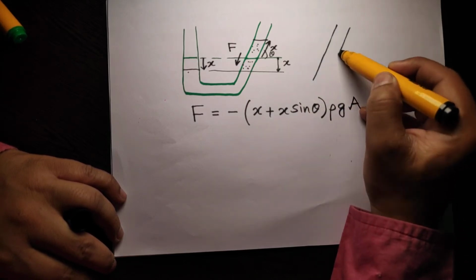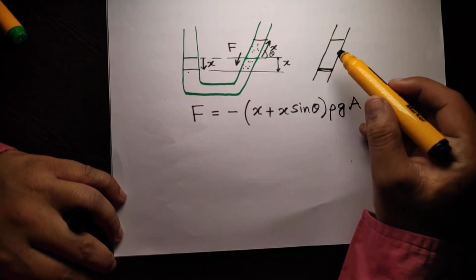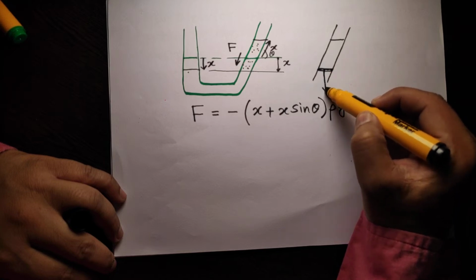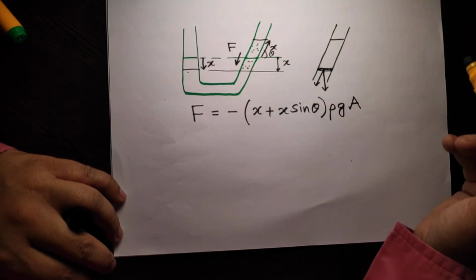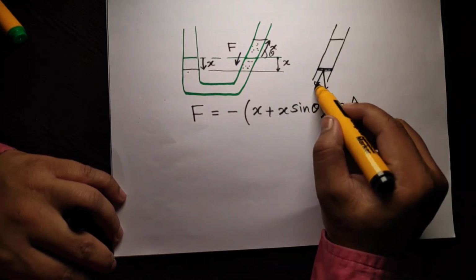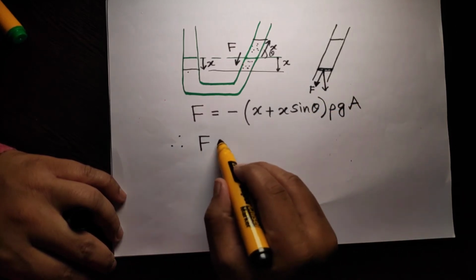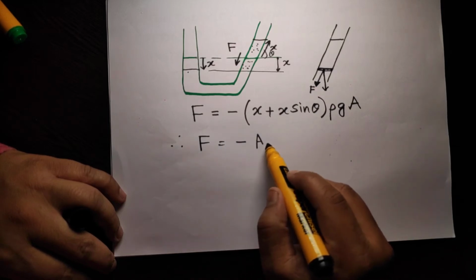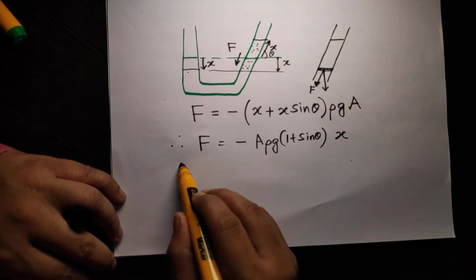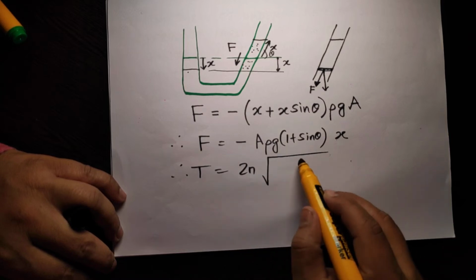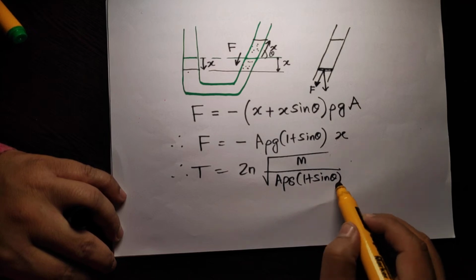So the excess force actually acts on this much area, and it acts in this way also, but we need the component parallel to the arm. This force F comes out to be minus of A rho g (1 plus sine theta) multiplied by x. So we get the time period of 2 pi root of total mass by A rho g into (1 plus sine theta).